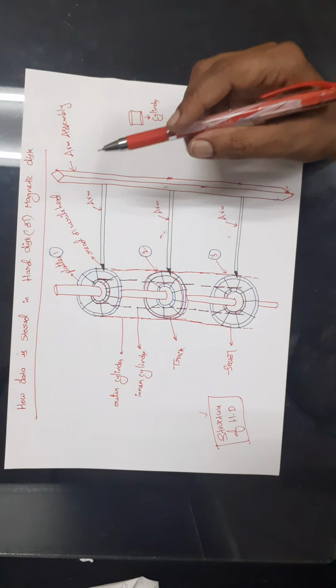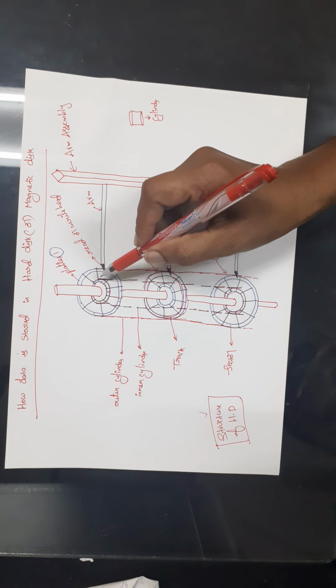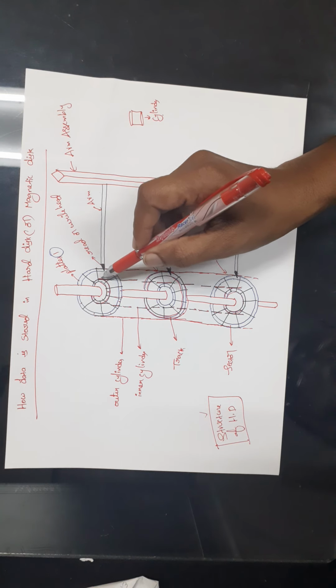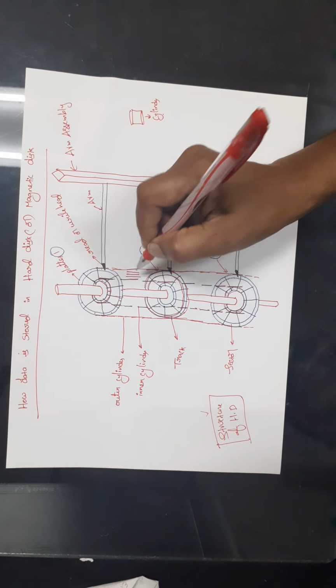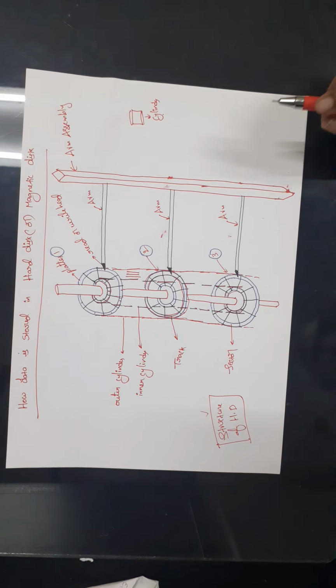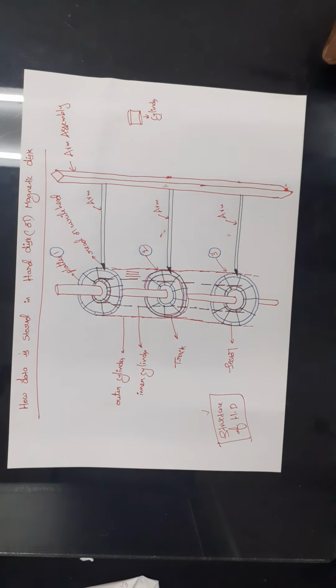So this is the outermost cylinder and this is the innermost cylinder. Like that we can have many cylinders, another cylinder here and another here. We may have thousands of cylinders, thousands of tracks and thousands of sectors in a hard disk.